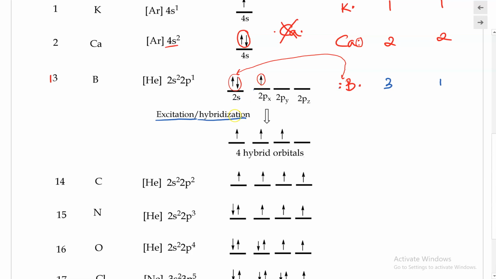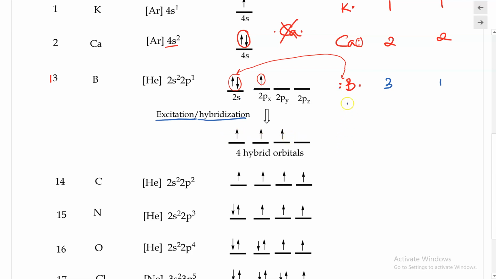But after excitation and hybridization, we're now producing these 4 hybrid orbitals, and all of them now have the same energy. And because they have similar energy, electrons will then go and occupy each of these orbitals right here singly first. And now, in this case, there are 4 orbitals, and 3 of them have 1 electron on them.